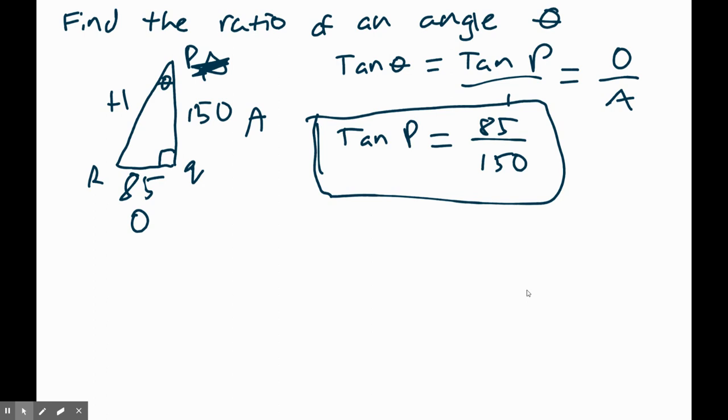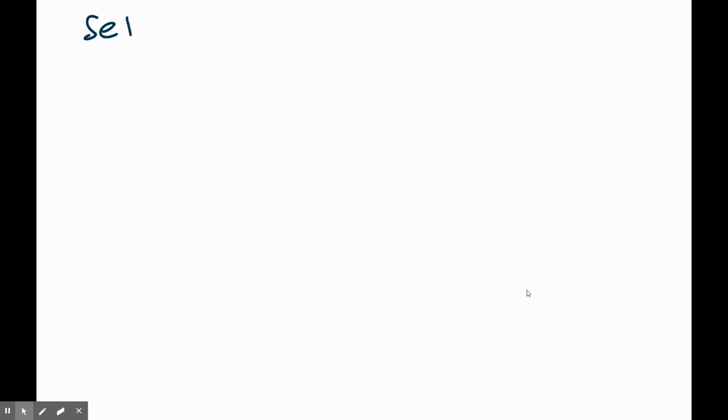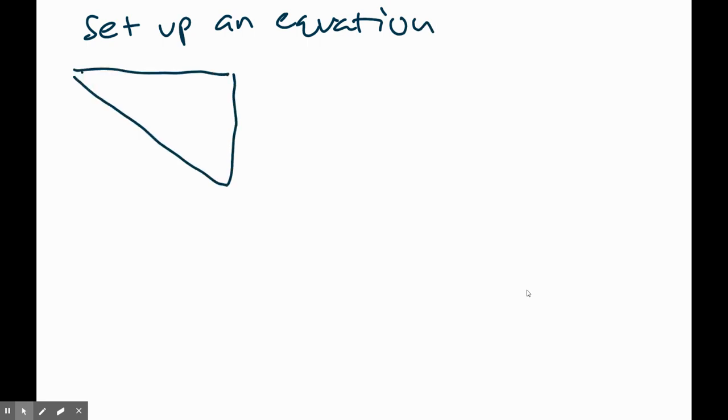So the next thing that we're going to do now is set up an equation in a similar fashion. We're given this right triangle here with this angle right here that measures 13 degrees. This side length, which is 24, and this side length x, which we're trying to find.